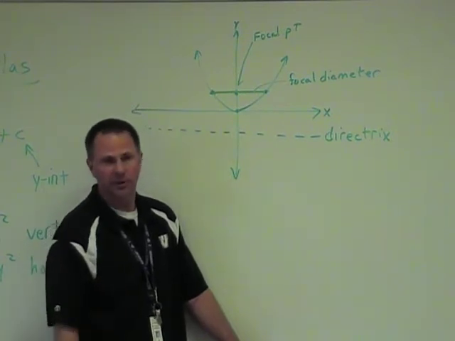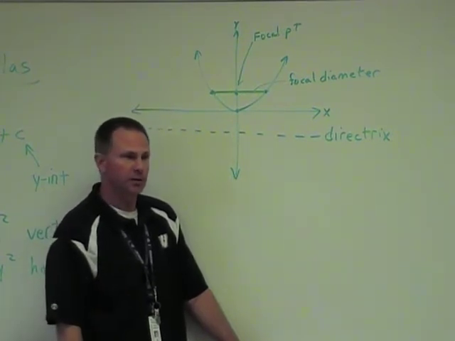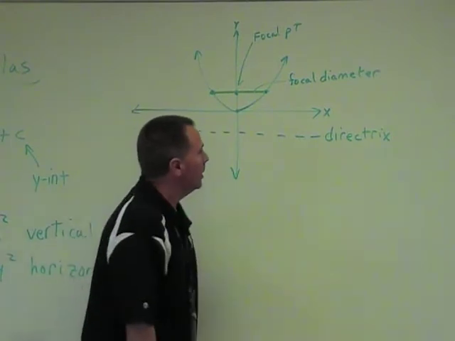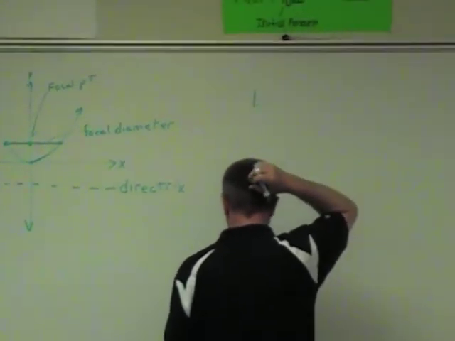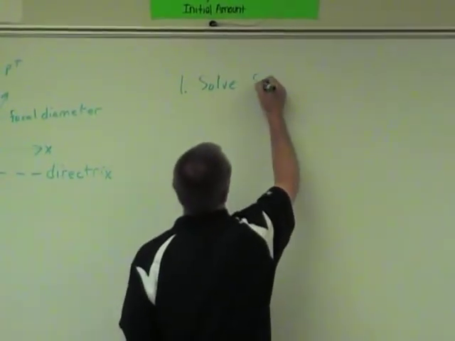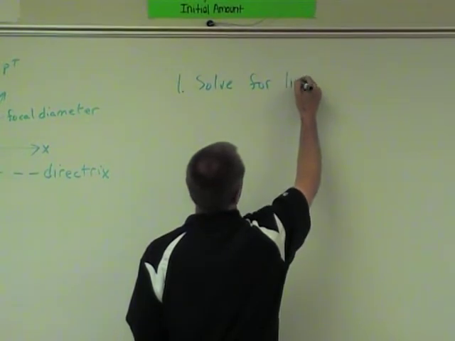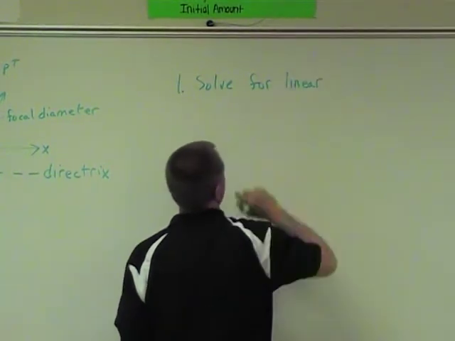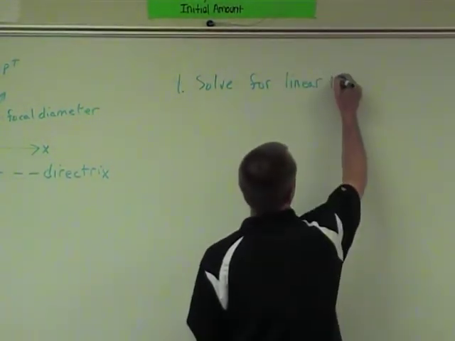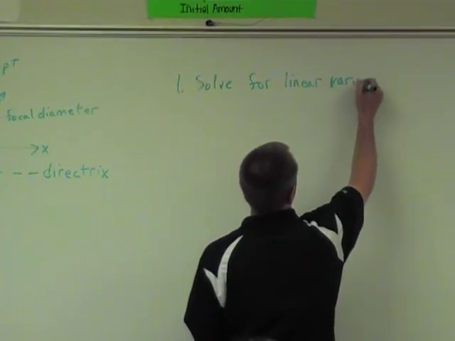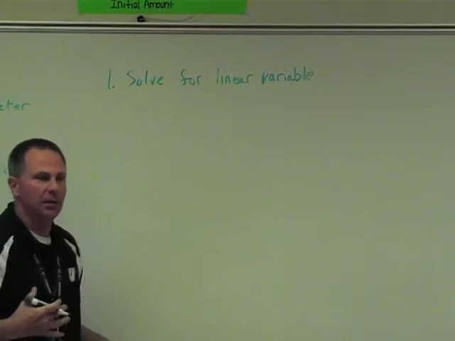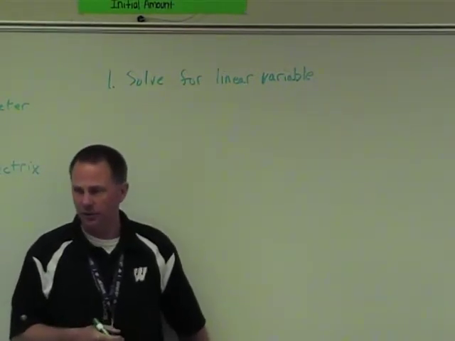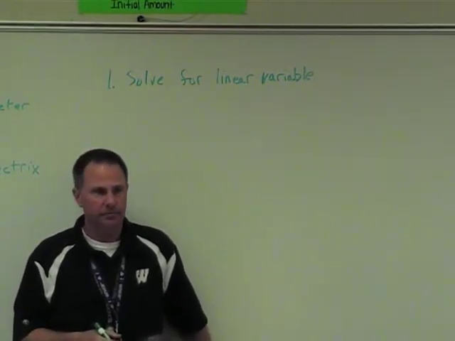Now, there's some things that will help you go through this. Number 1: solve for the linear variable. That means the linear variable needs a positive 1 coefficient. That's key.